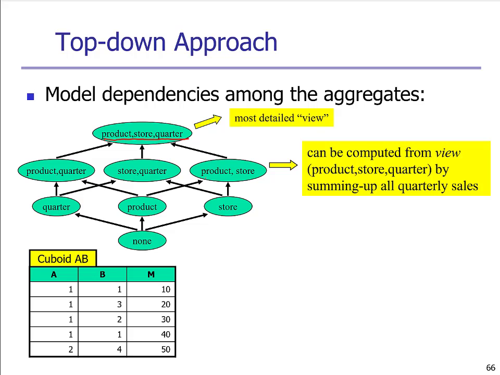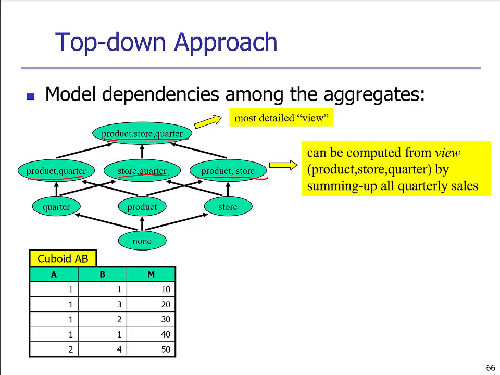Then for any of the 2D cuboids, how do you get it? You keep product and store, and then do the aggregation on the quarter. So it can be computed from the view product store quarter by summing up all quarterly sales. Similarly, you do the aggregation on product, you will get this one. You do the aggregation on store, you will get this one.